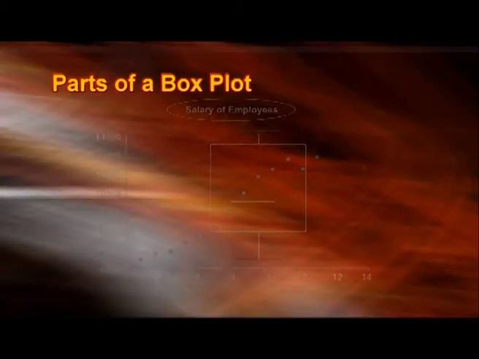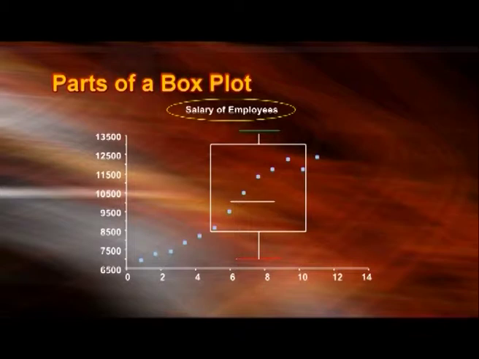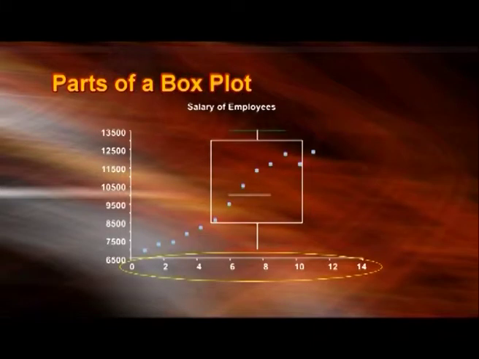After understanding the use of boxplot, let us now understand the parts of a boxplot. Title. The title briefly describes the information that is contained in the boxplot. Number line.